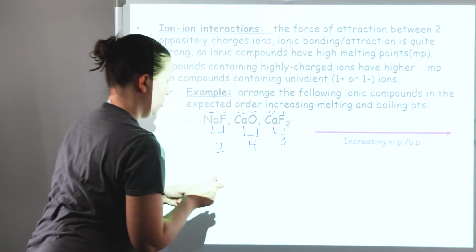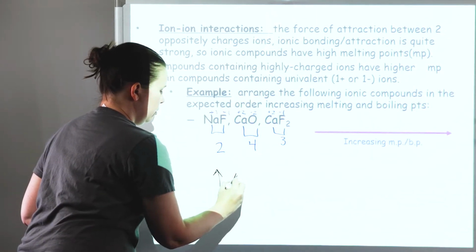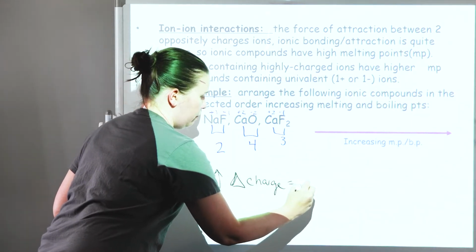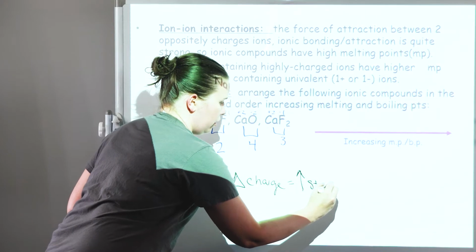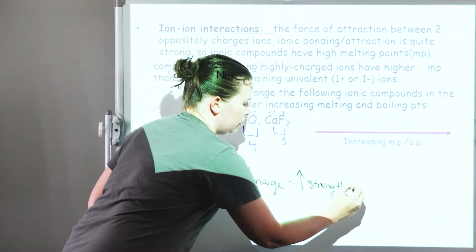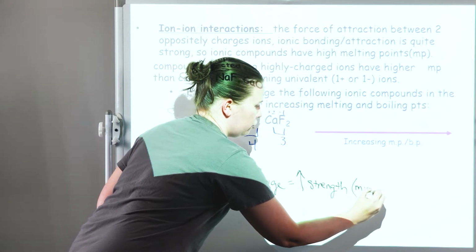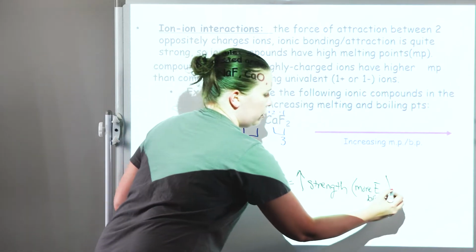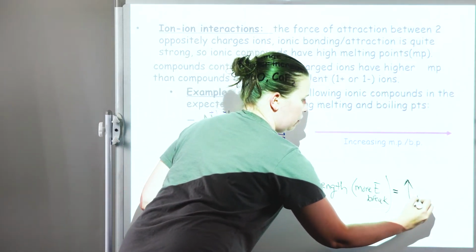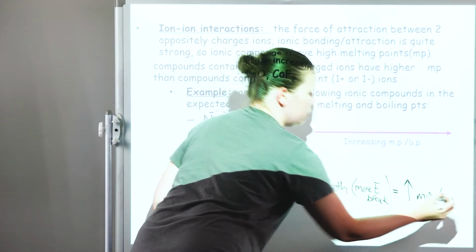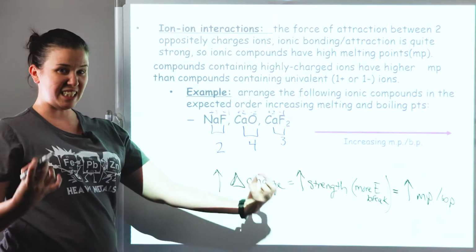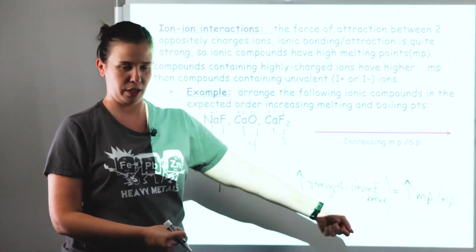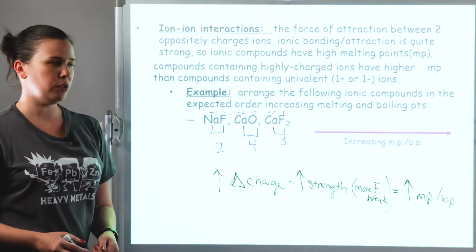If I have an increased difference in charge, that means I have increased strength, which means more energy to break the bond, which means higher melting point and boiling point. So the more different it is, the more tightly it'll be held together, the more energy it would take to break it up. And that's going to lead to the higher melting and boiling points.